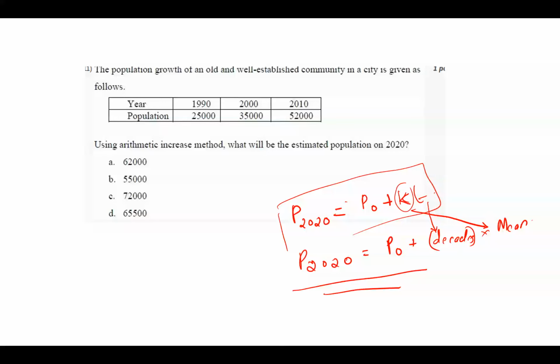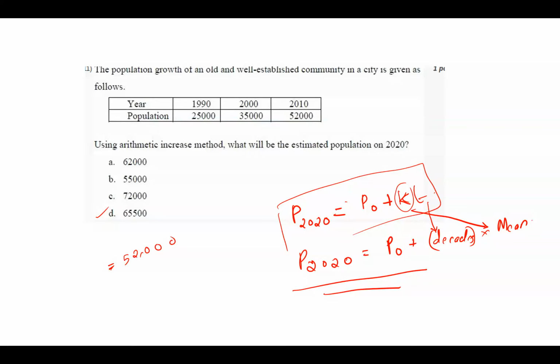Did you get the answer? Okay, is it option D? How do you calculate it? Did anybody calculate other than you? Okay, P naught, what is the P naught value here? Yes, right, 52,000.